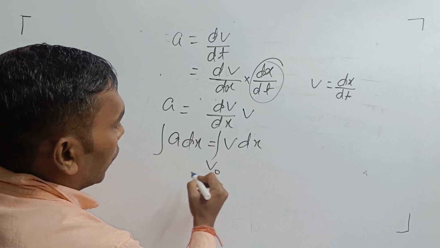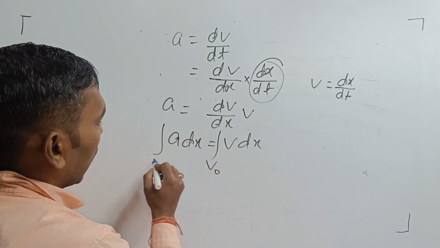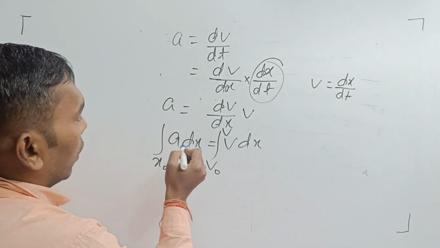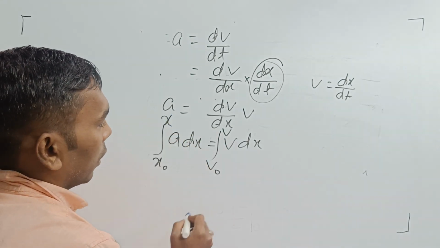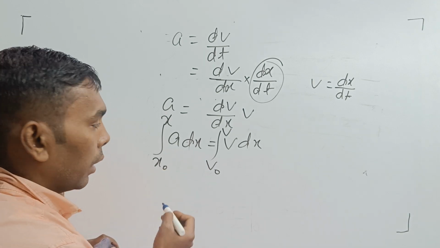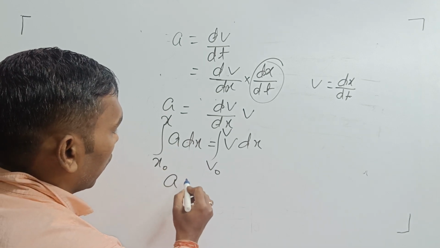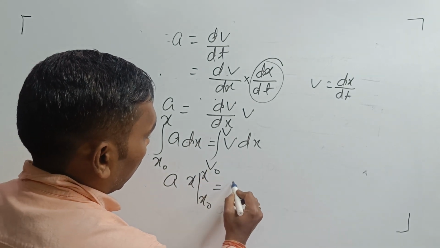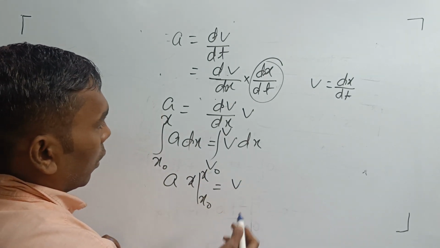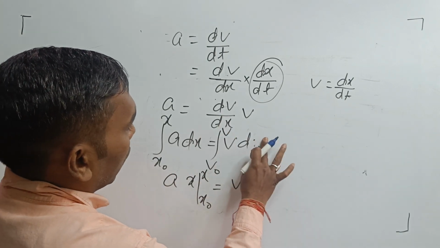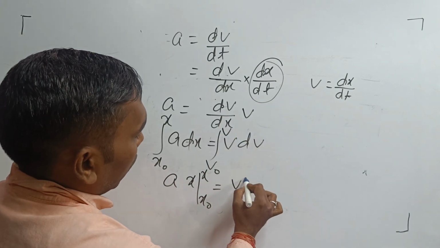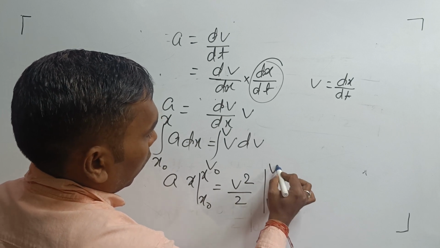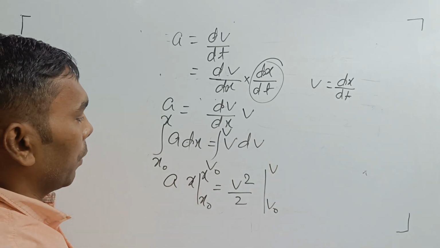If initial velocity is v naught, initial position is x naught, final velocity is v, final position is x, then a is the acceleration constant. a is out of integration, and we put lower limit and upper limit. v dv is here, integration is v square upon 2, v naught is our lower limit and v upper limit.